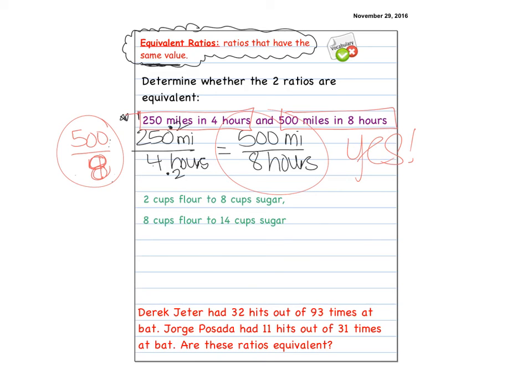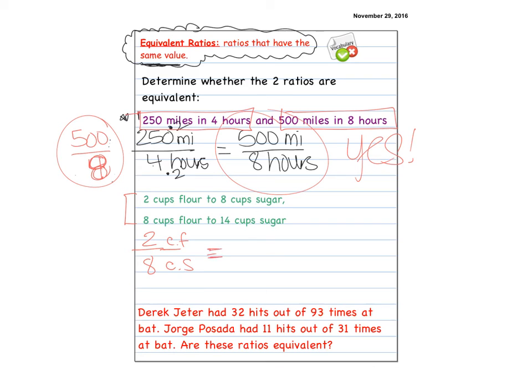If we have 8 cups of flour to 8 cups sugar, and then 2 cups flour to 8 cups sugar, 8 cups flour to 14 cups sugar, I'm going to write 2 cups flour over 8 cups sugar.